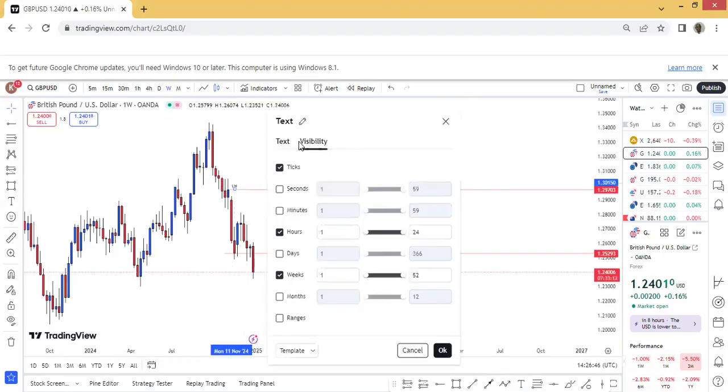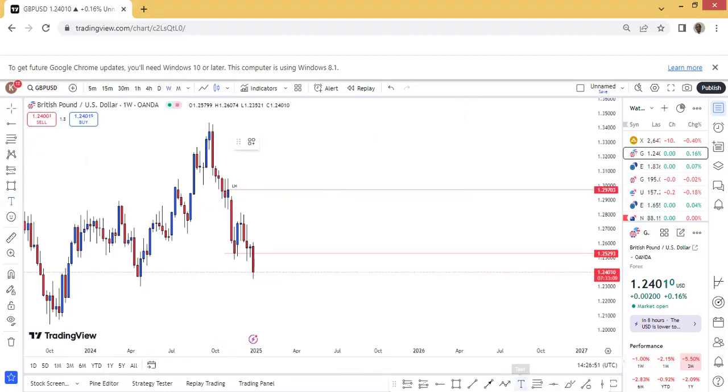I always like my chart very clean. I do not want too many drawings on my chart. Forex doesn't have to be complicated. So the simpler it is, the better.